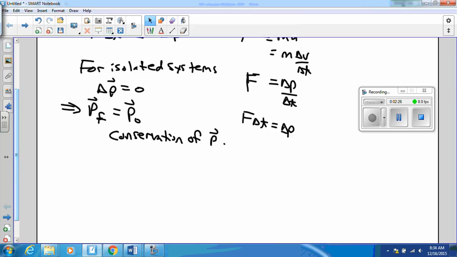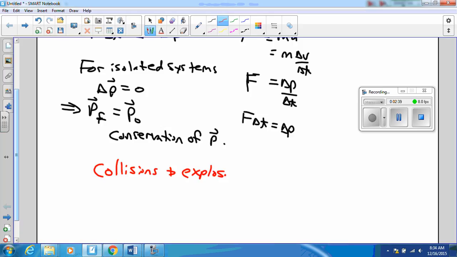And our major model for isolated systems was collisions and explosions. And the reason that collisions and explosions can be treated as isolated systems is that the collision happens so fast, and the outside forces, like friction or whatever, are really small, negligible in comparison to the internal forces of collision.